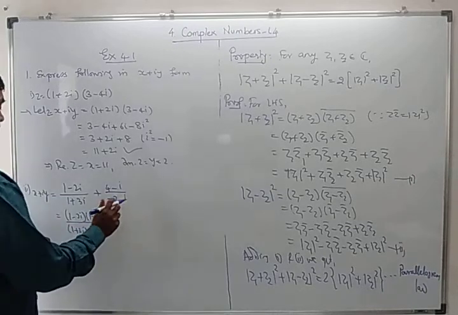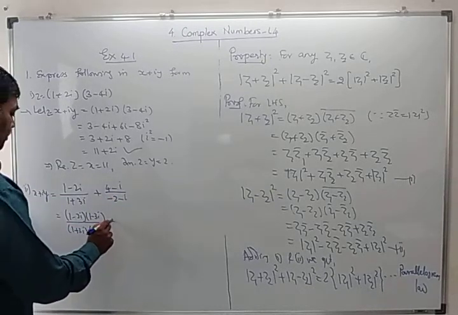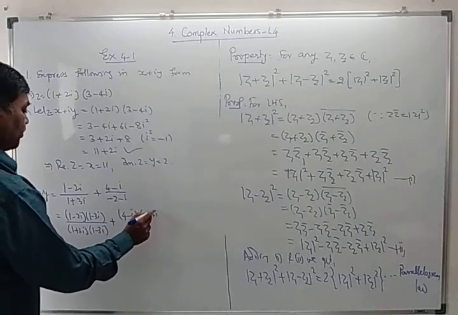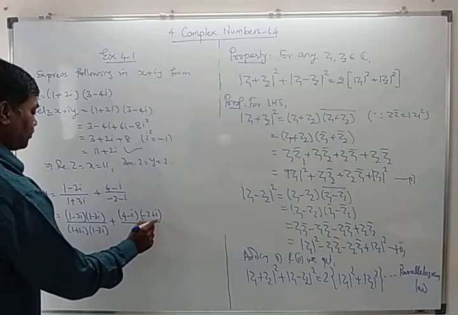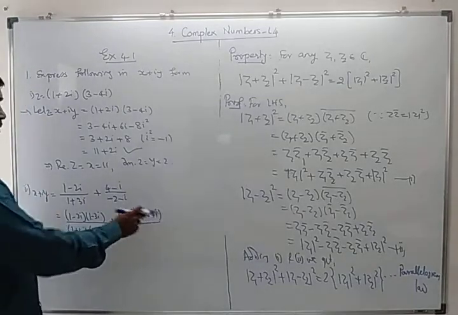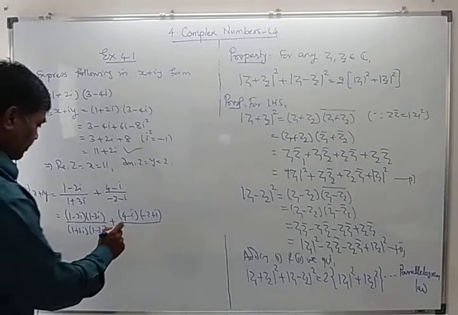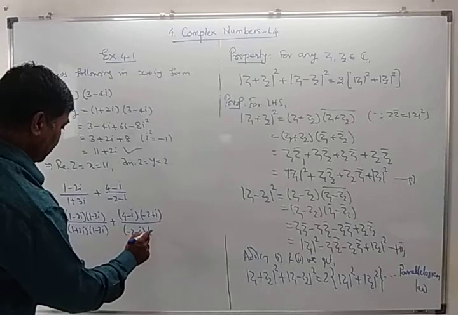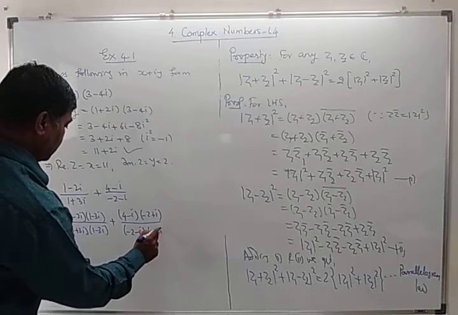Okay, here we will take a plus sign: plus (4 minus i) into (minus 2 minus i), the complex conjugate of the denominator; just change the sign of the imaginary part, so minus 2 minus i, upon (minus 2 plus i)(minus 2 minus i).